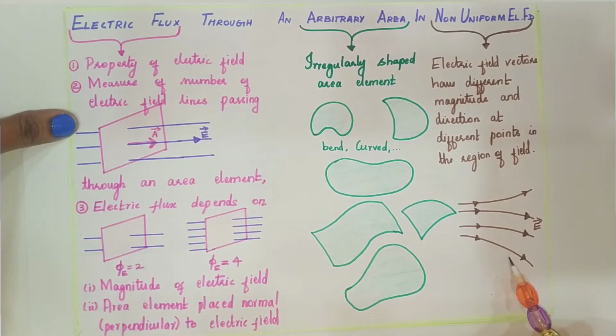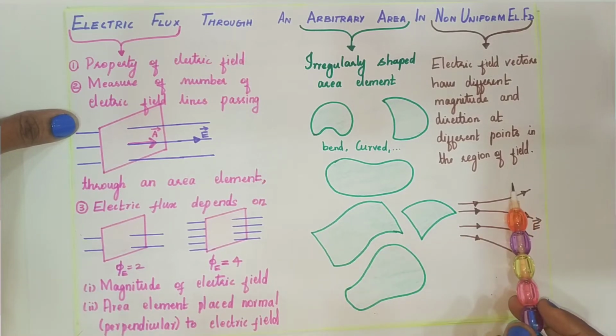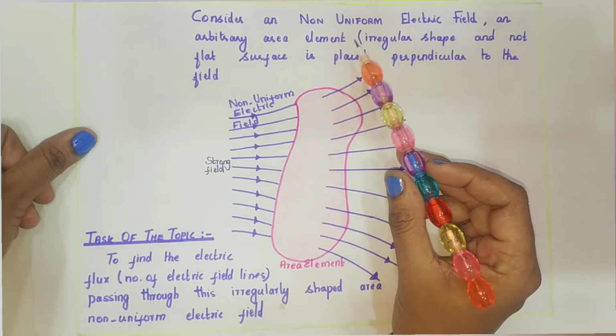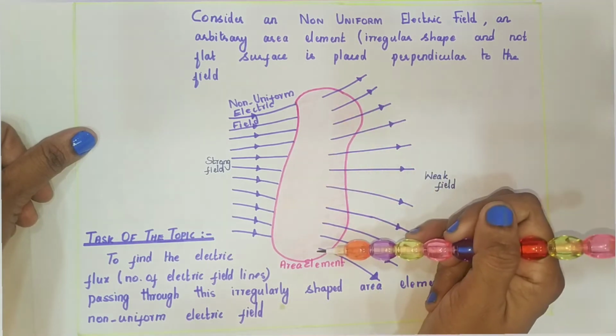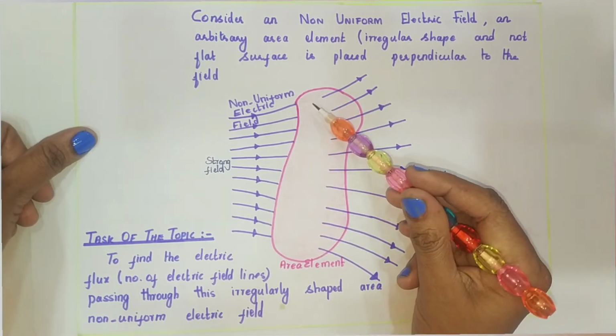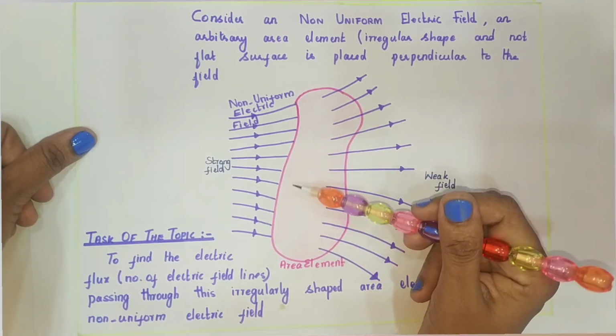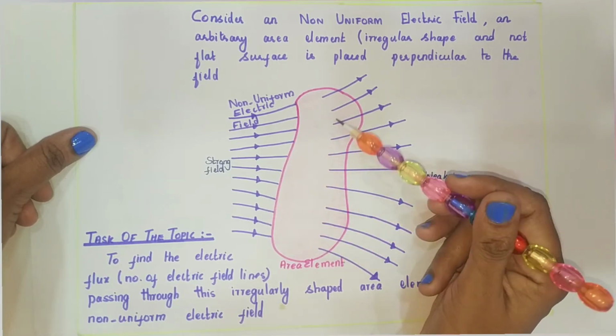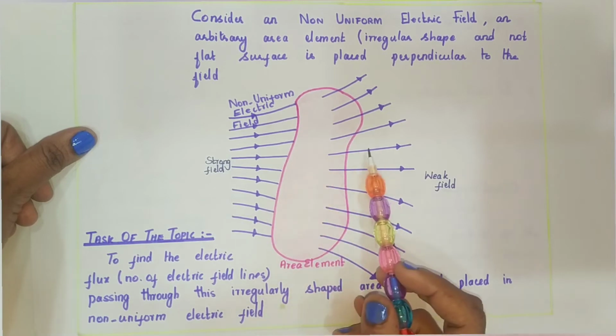Now in this topic we have to place an arbitrary area element in non-uniform electric field and find the electric flux of that area element. We consider a non-uniform electric field and an arbitrary area element, that is an irregular shaped area element, not a flat surface, placed perpendicular to the field lines.